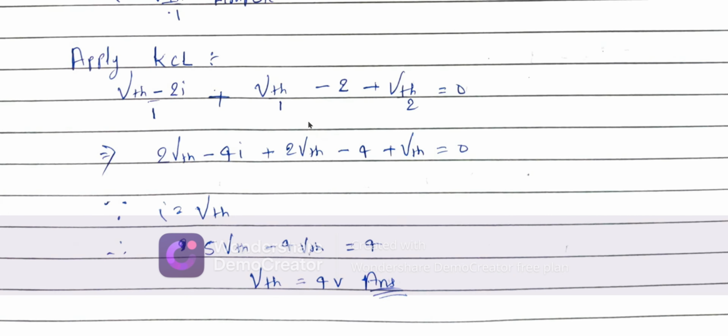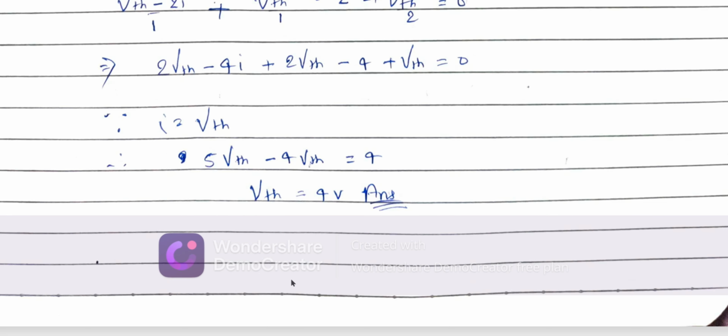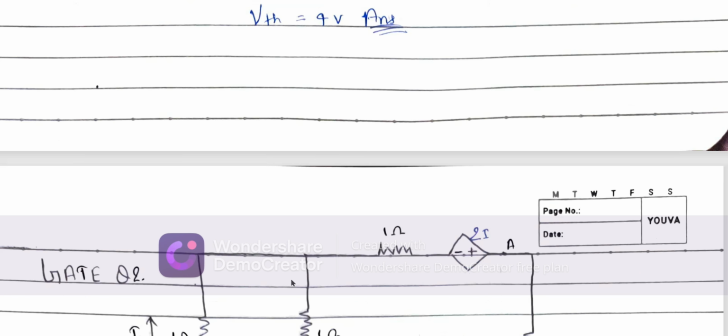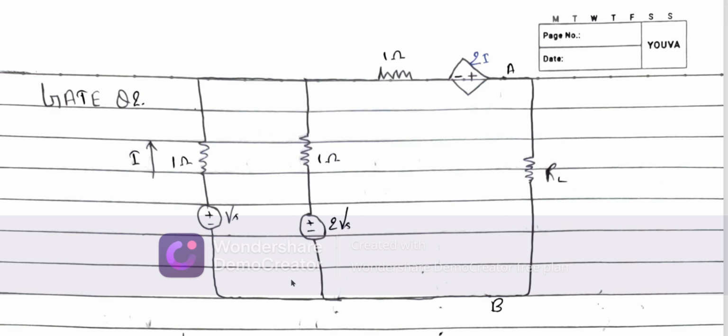We simply write the KCL, and when you solve this equation, you find that VTH is equal to 4 volt, which is the answer to our question.